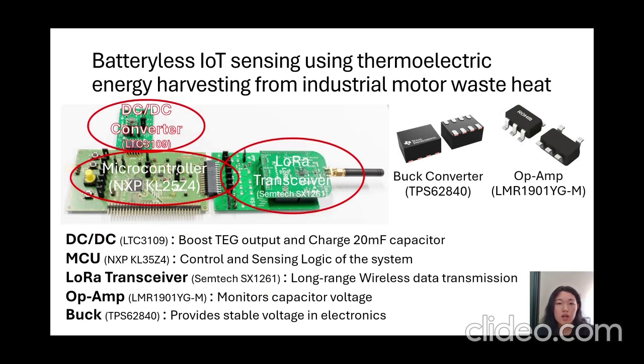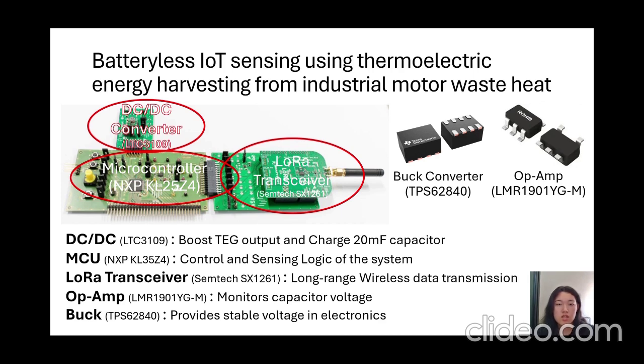Next is the IoT node. This node uses a DC-DC converter to boost the low output from the generator and charge a 20 mF capacitor to supply the sensing system. A microcontroller is used to control the system and process data from the sensors.